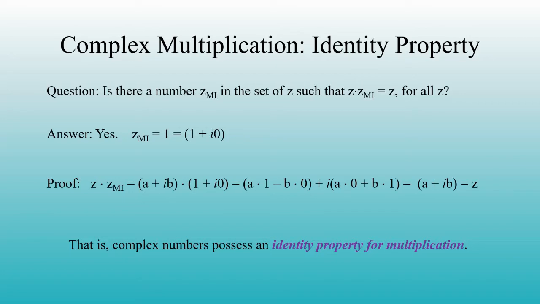Well, sure. The answer is z sub mi equals 1, where we should explicitly state that by 1 we mean z equals a plus ib, where a equals 1 and b equals 0. We can prove this by multiplying out the terms, so we can conclude that complex numbers possess an identity property for multiplication.